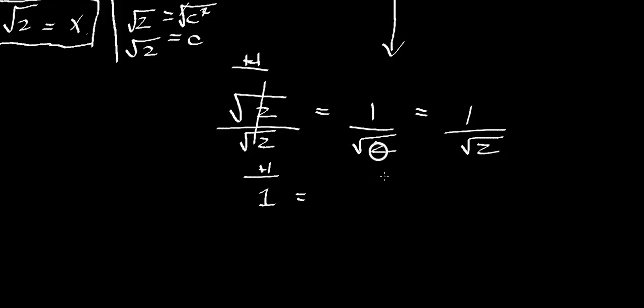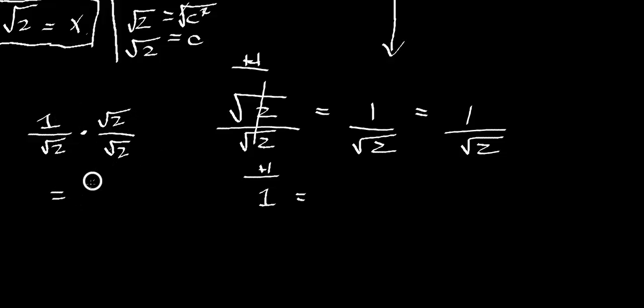If you know your algebra, you know your radicals can't be in the denominator, so you will need to rationalize the denominator by multiplying the numerator and the denominator by that value to cancel out the radicals.